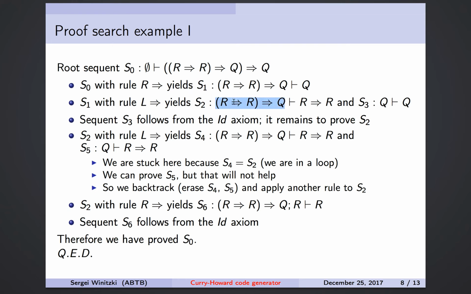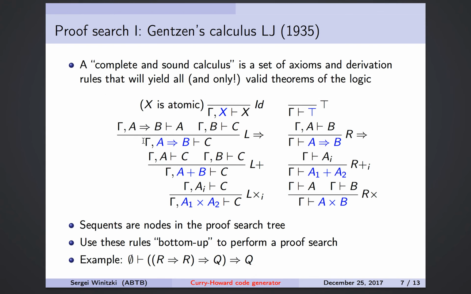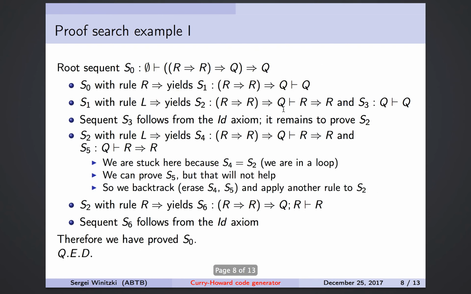So A is R to R and B is Q. So this rule says now we need to prove two sequents. One is this one, gamma, A to B goes to A. So we just replace the goal with A. And the second sequent is gamma, B goes to C. So if we do this substitution, we get these two sequents, S2 and S3. So now we have to prove two sequents, each of them separately.